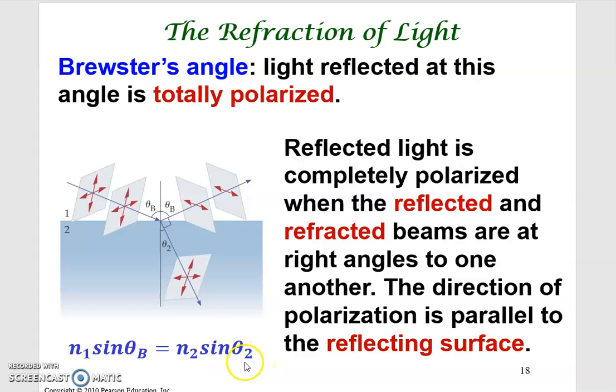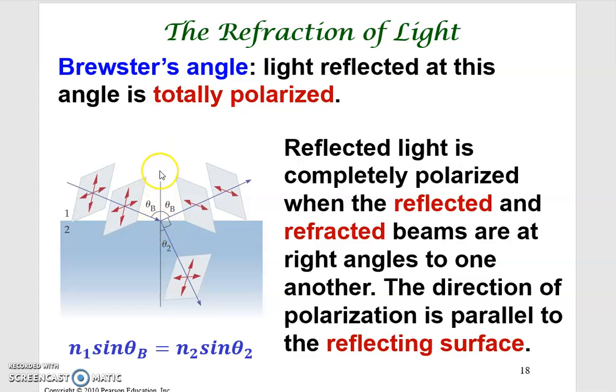Why this angle is so interesting is that when this polarization of the reflected light happens, the direction of the reflected light is perpendicular to the direction of the refracted light. So they are perpendicular to each other.